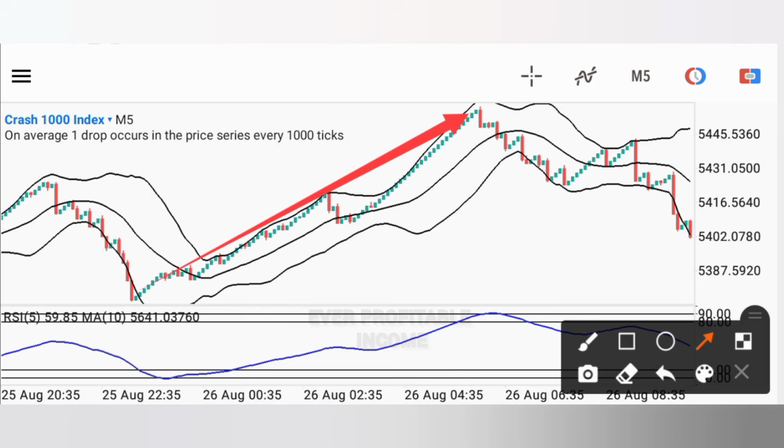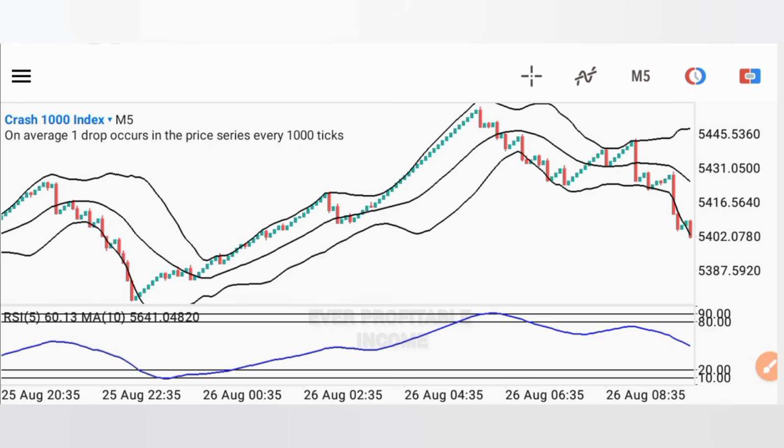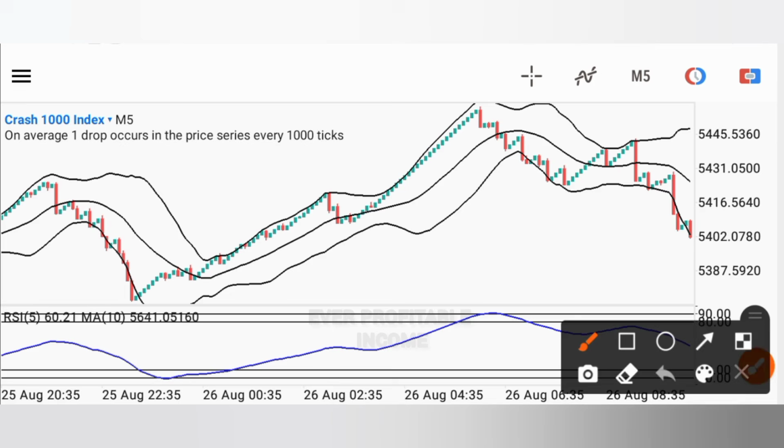But you don't have to wait for that long, especially if you have a small capital. If you're trading with a small capital, you don't have to wait that long. The best place to take your profit is when price touches the middle band. To be safe, take profit when price touches the middle band, because each time price reaches the middle band, it is likely to spike.